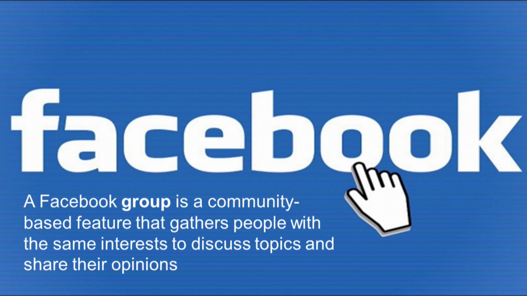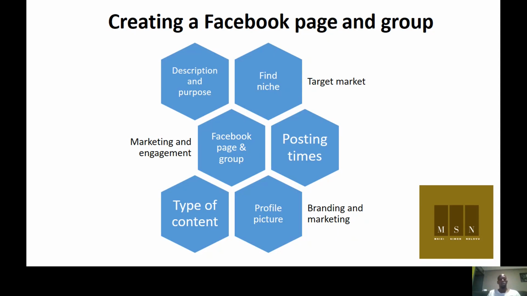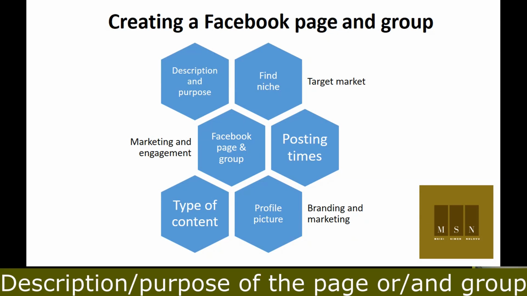Now, once you've done that, the other thing you need to think about is the description and the purpose of the page as well as the group. What is the description? The description is the text that summarizes what the group and page are about.